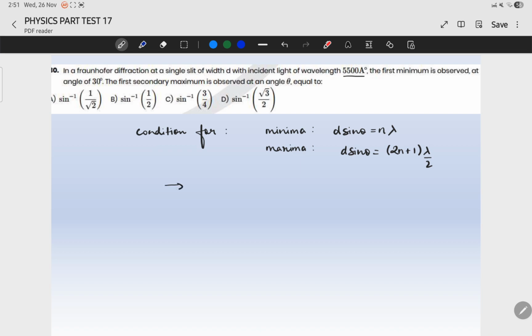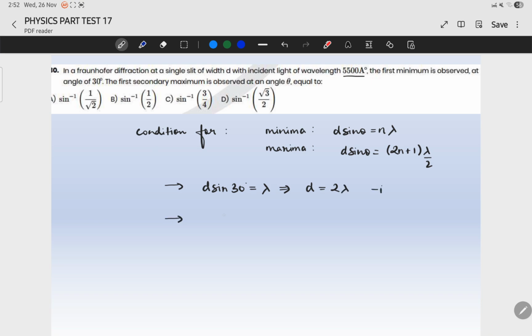So from minima condition, d sin 30 is the first minimum, which means only lambda, implies that when we put the value, we get d is equal to 2 lambda. This is our first equation.